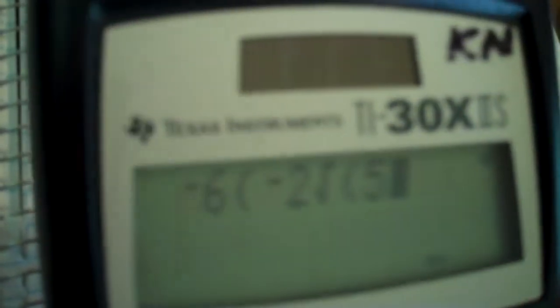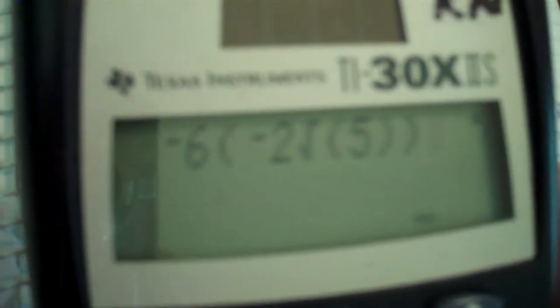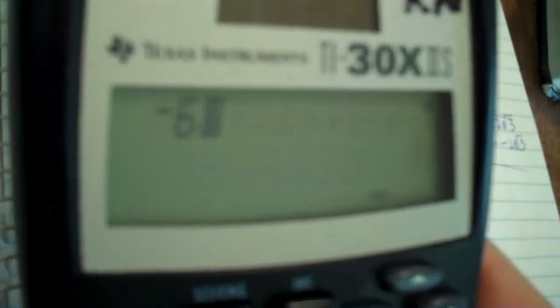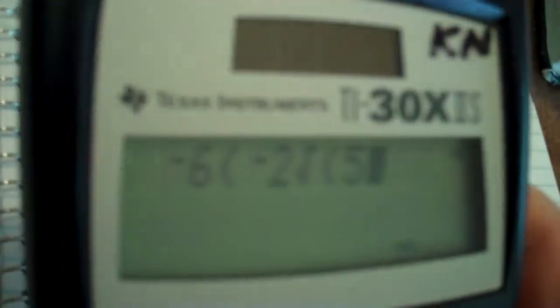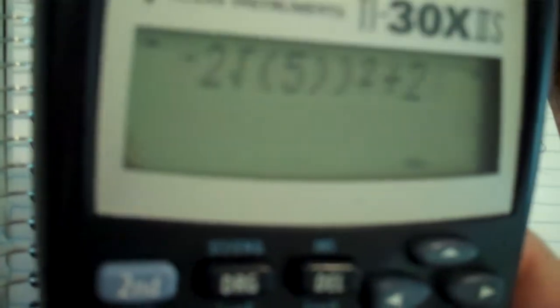And then negative 6 times negative 2 square root 5, you close this square root, and then you close the substitution. Plus 2. Whoa, I did that wrong. Okay. So negative 6 parentheses negative 2 square root 5 raised to the second power plus 2 negative 118. Okay. So that's why those are simplified, so they can be plugged into the equation.